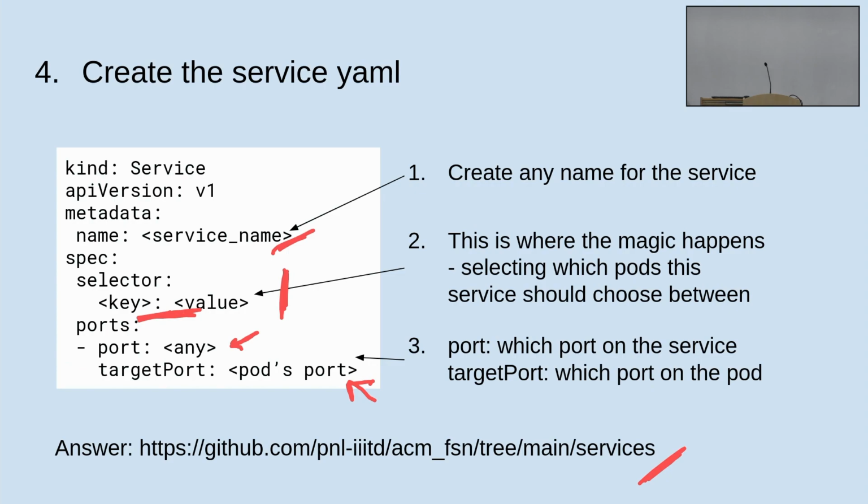Now go to your client.yaml. You can insert the IP here, right? You can write this IP over there. Now you can copy it. Okay.